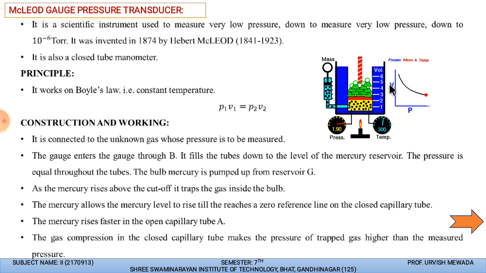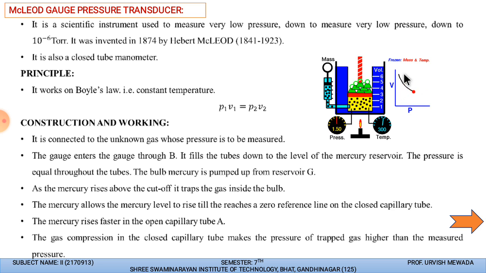As we increase the pressure, the volume will decrease, and once the pressure is minimum, the volume is maximum. So from here we can say that P is proportional to 1 over V.